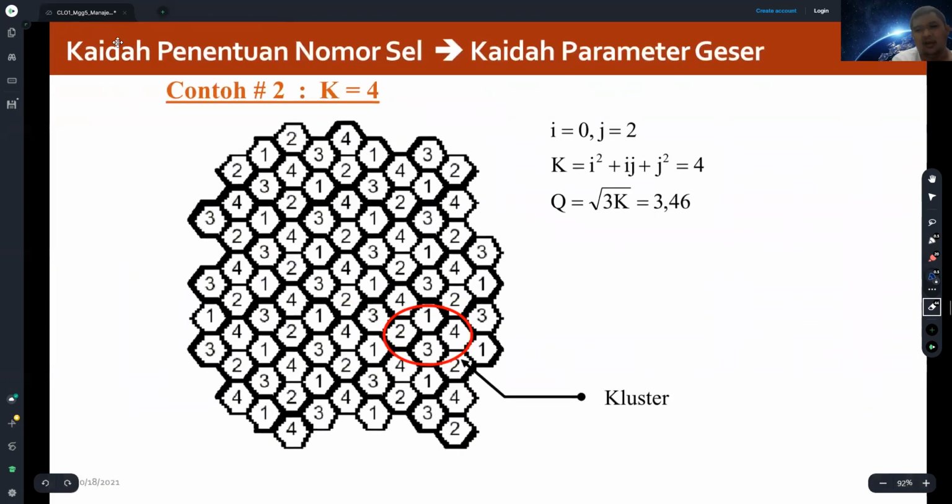For example, for this example, let's say the value of I equal to 0, there is no cell that has the same position. Now, I equal to 0 and J equal to 1, J equal to 2.